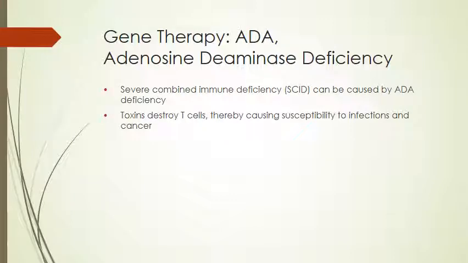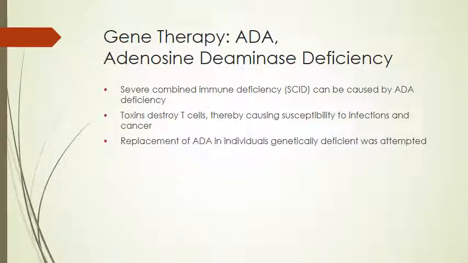Severe combined immune deficiency, SCID, is caused by an ADA, or adenosine deaminase, deficiency, and that is where we first did some gene therapy. Toxins destroy the T cells, thereby causing susceptibility to infections and cancer. The replacement of ADA in individuals genetically deficient was attempted.